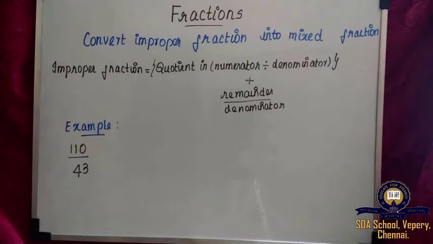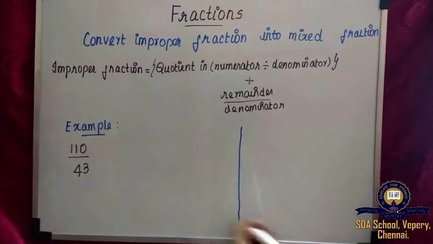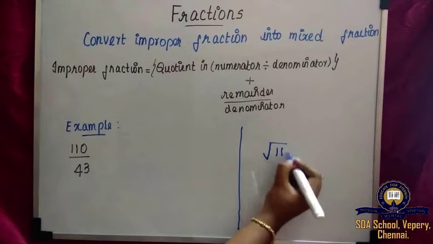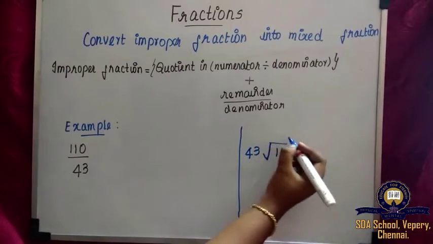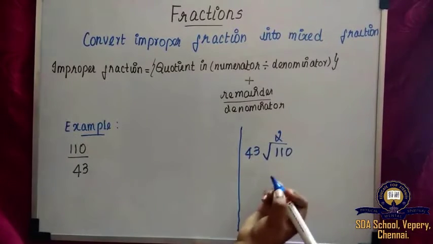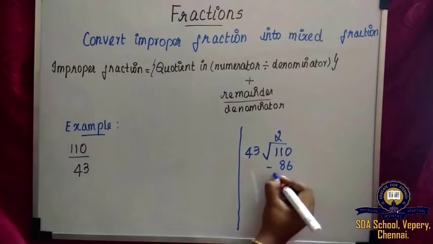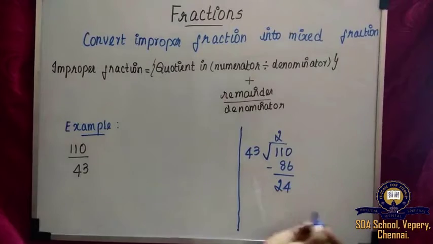For that, first we need to divide. So let us divide 110 by 43. 43 2s are 86. So when you subtract, you will get 24.